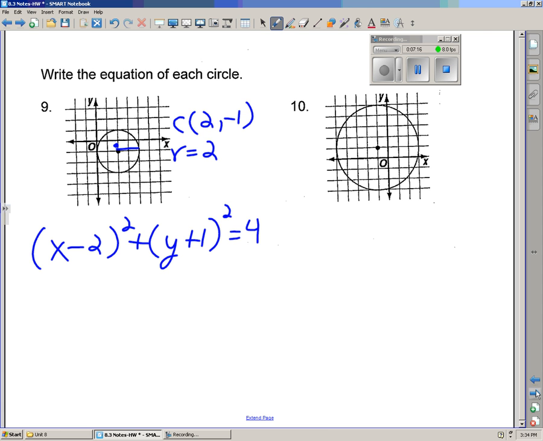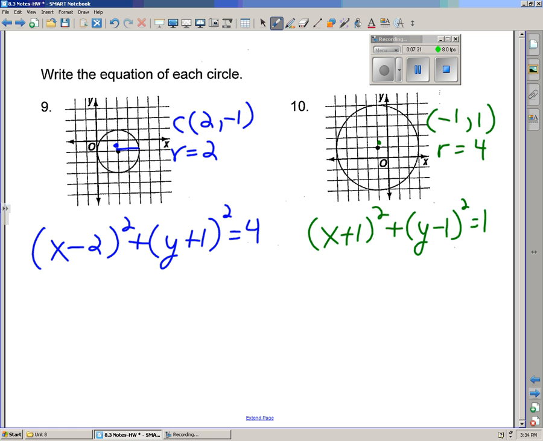This one, here's your center, and the center is at negative 1, 1. And the radius here is 4. So the equation becomes x plus 1 squared plus y minus 1 squared equals 16.